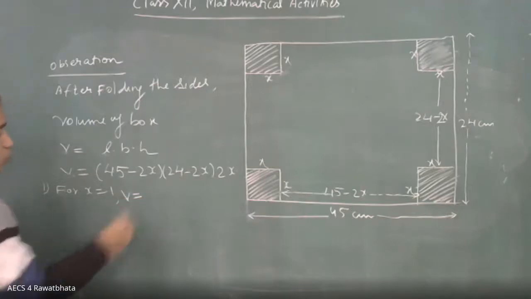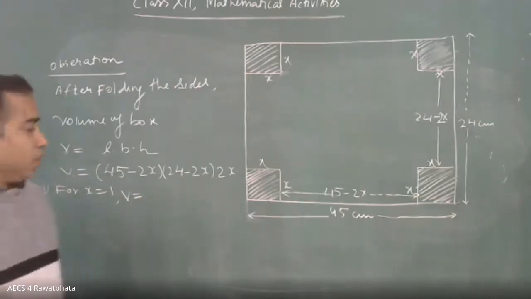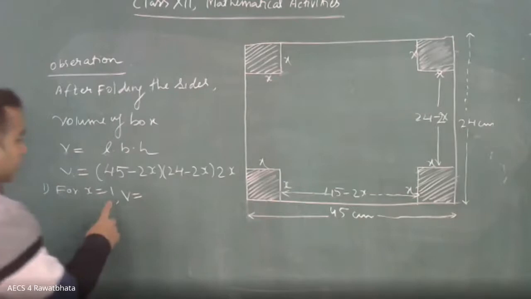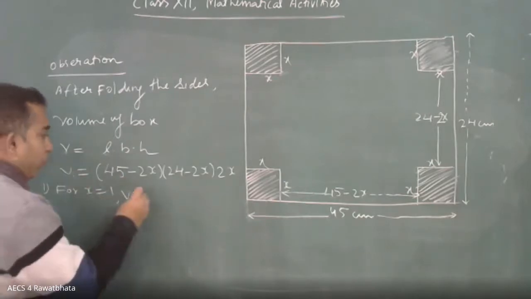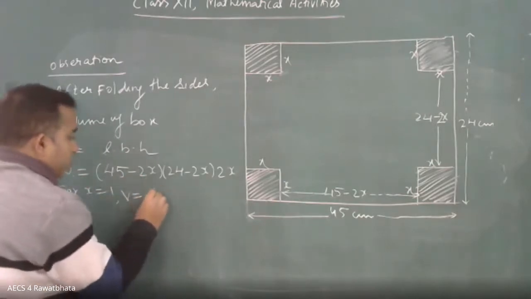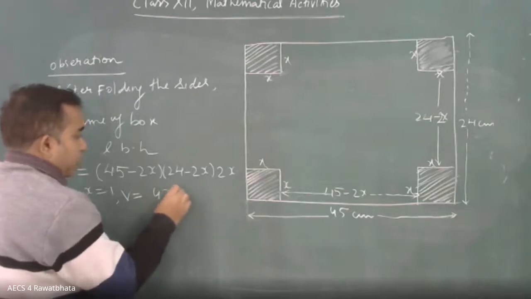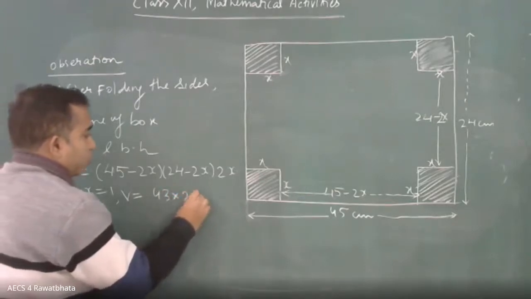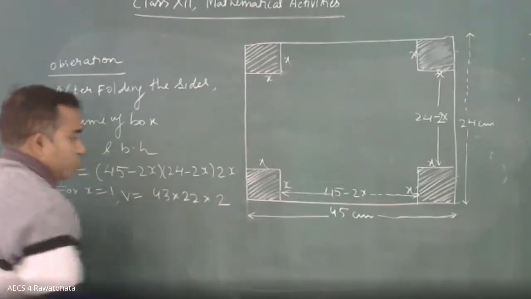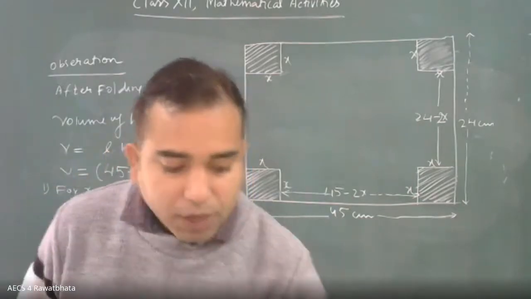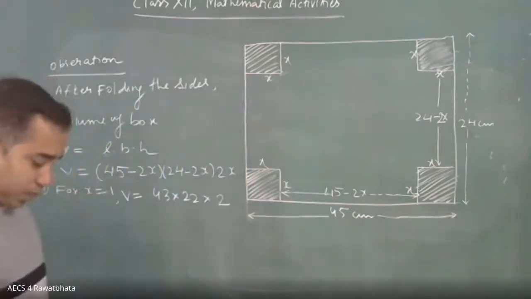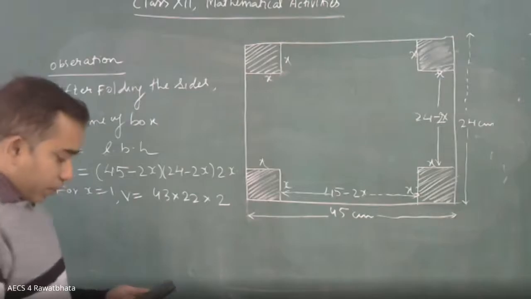So V is going to be, and use a calculator for this purpose, right? So if I put x equal to 1, V will become how much? 45 minus 2 means 43 into 24 minus 2, 22 into 1. So I'm using my calculator to find this. You also can help me if you have.